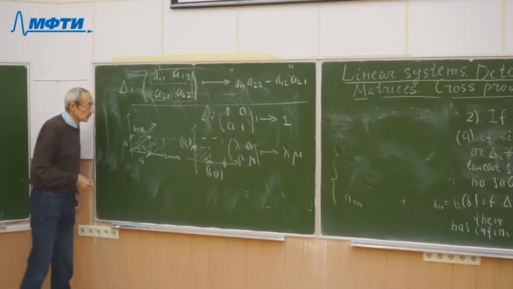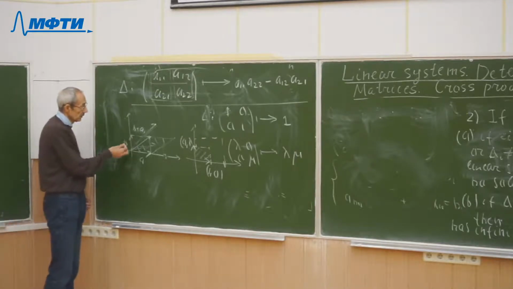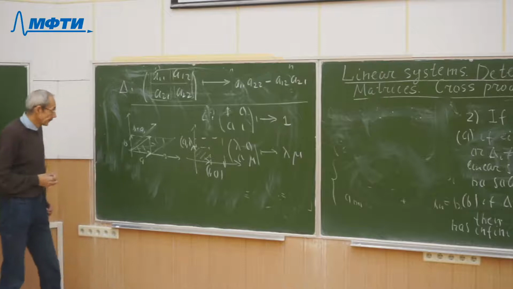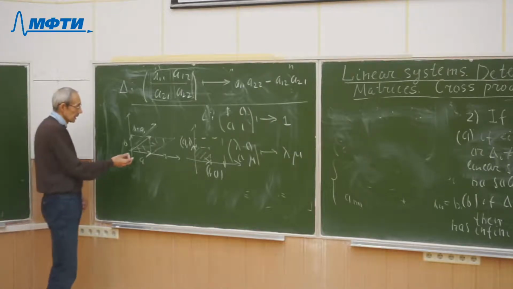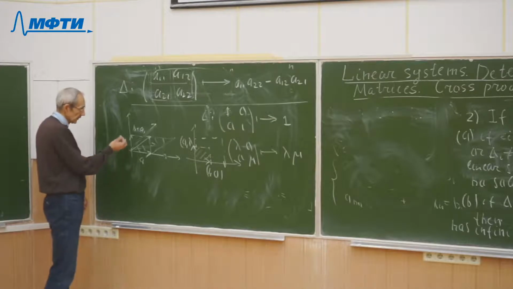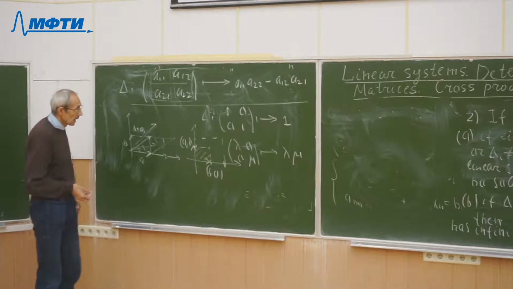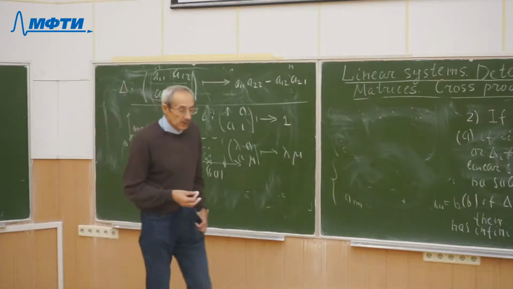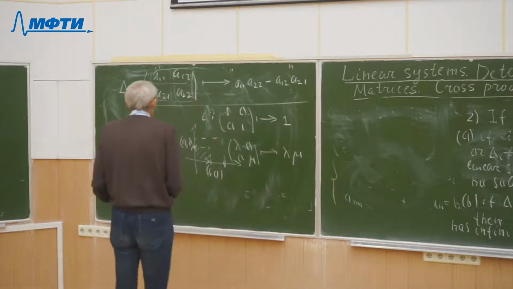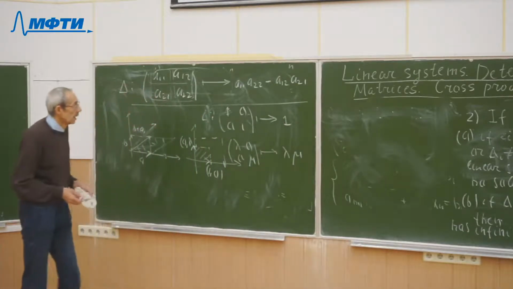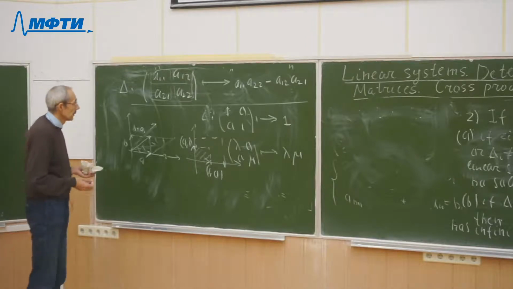And this product is equal to the product of the sides of the original rectangle. And we obtain the two following properties of our correspondence, which is called determinant.